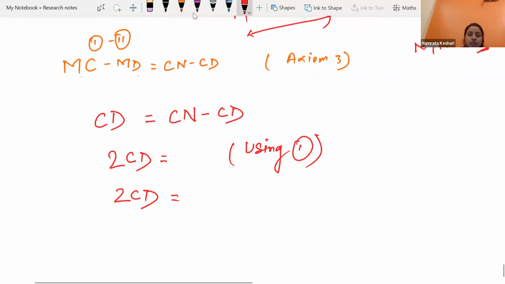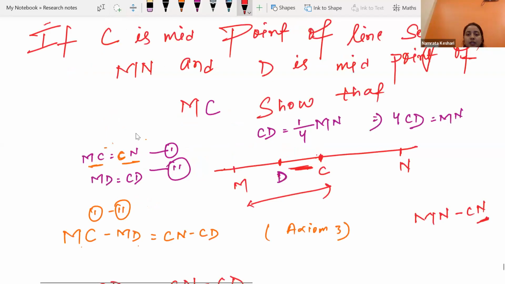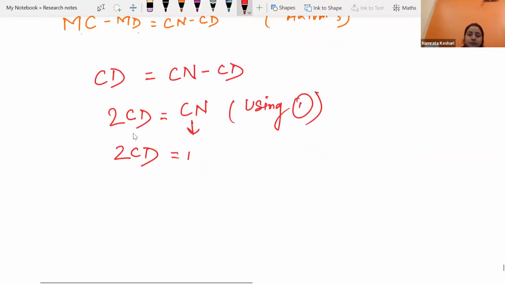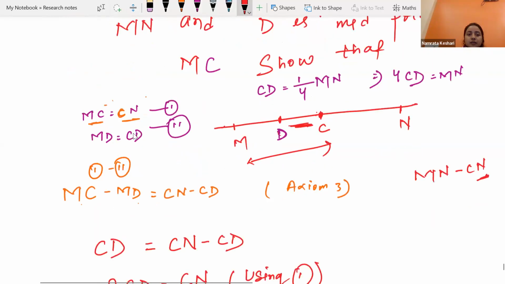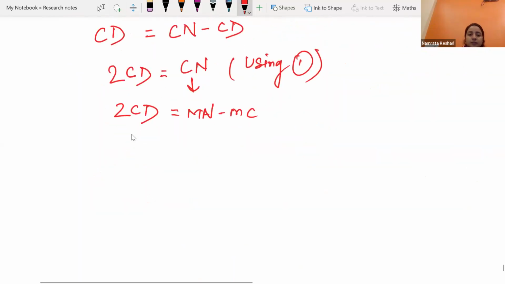We were having just CN over here, and at the place of that I was doing the substitution MN minus MC, and MC I was writing as MD plus CD.